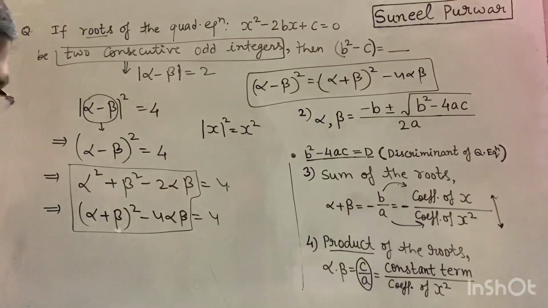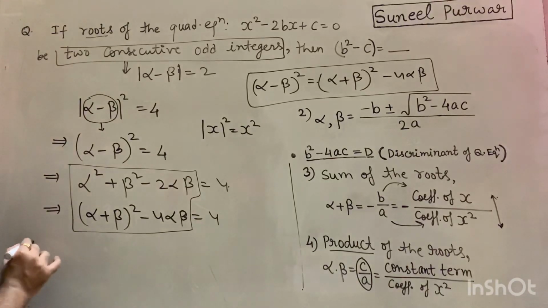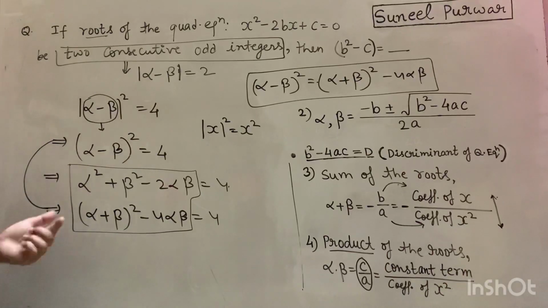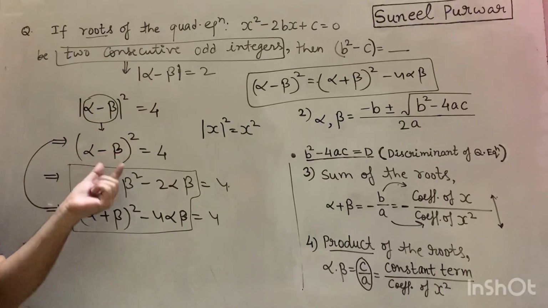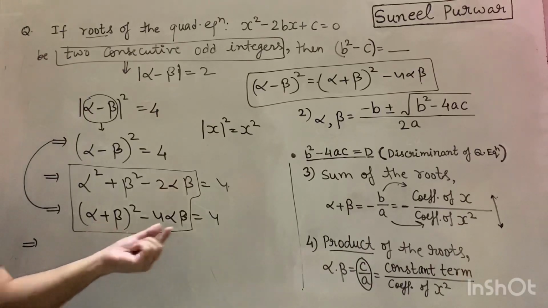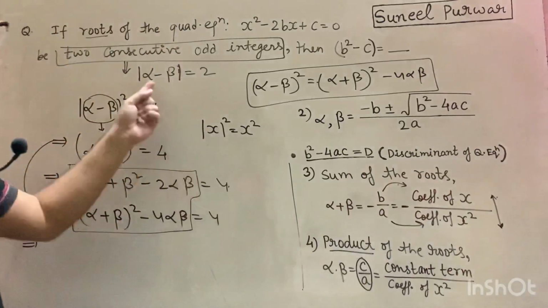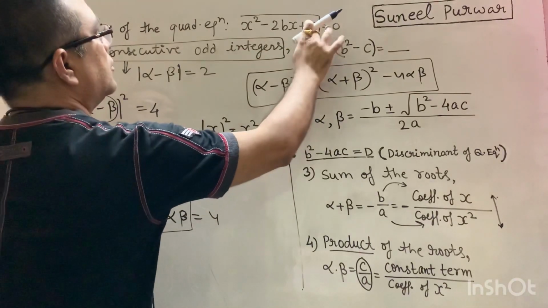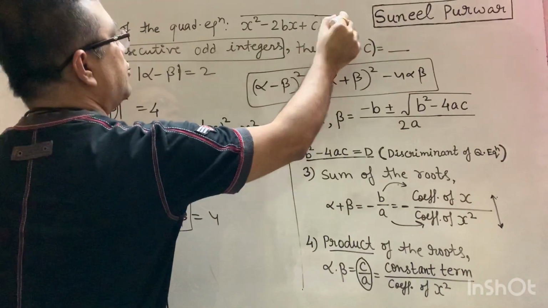Now you see, what's the benefit of the change from this step to this step? Now we can write down all these values using the formula for sum of the roots. Alpha plus beta is the sum of the roots. This is our equation.